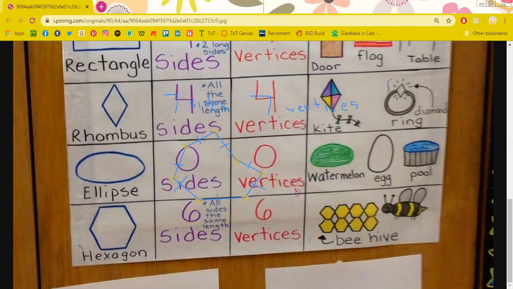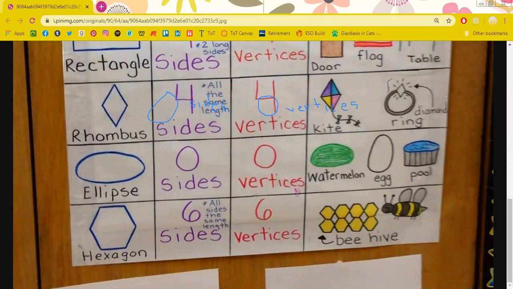Have to match. Now, if you see any that tell you that there's 0 sides, you know automatically you're making a curvy shape. So if I said I want a shape that has 0 sides, if it has no sides, no lines, it can't have a corner. So we know it has 0 vertices.